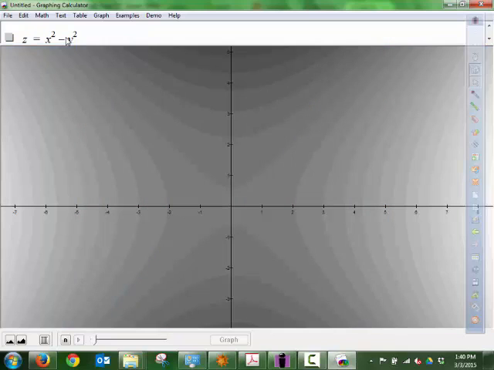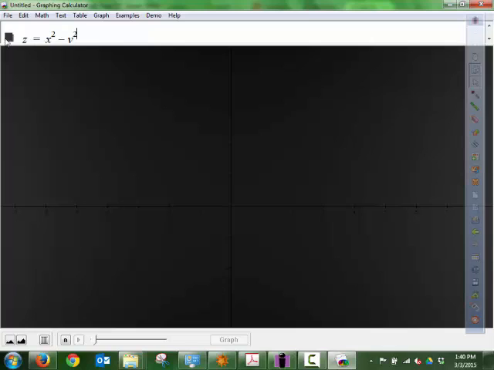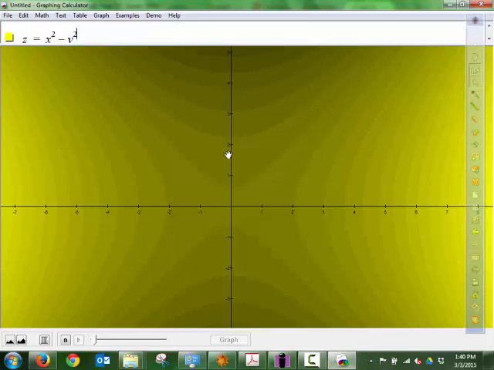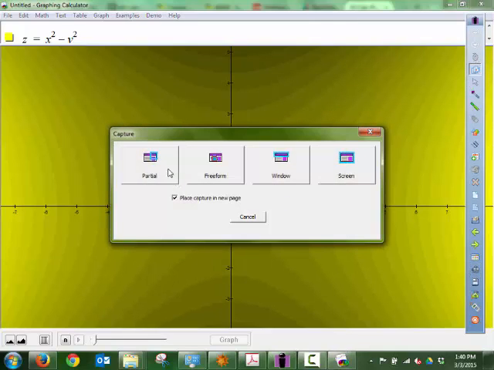Maybe yellow was gray. It turns out that darker is lower than the higher values. So this would be called a density plot, where instead of giving you, I don't know if you can see the lines.